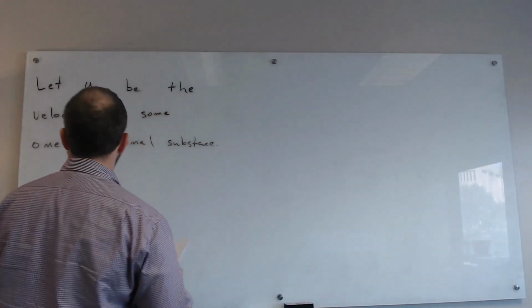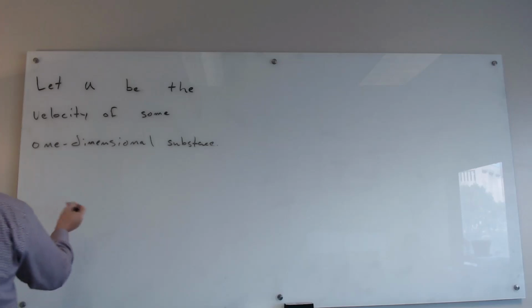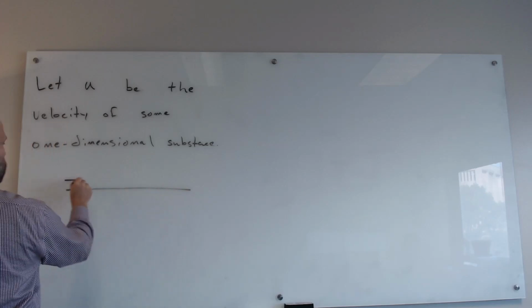Okay, so let u be the velocity of some one-dimensional substance. Let's say it's flowing along a pipe or a road or whatever.